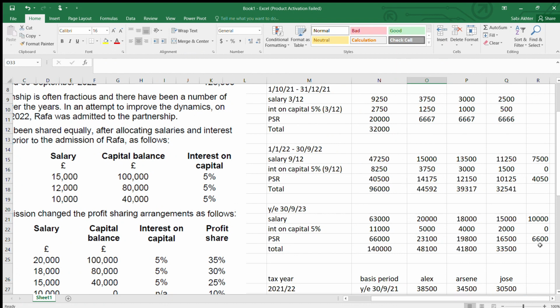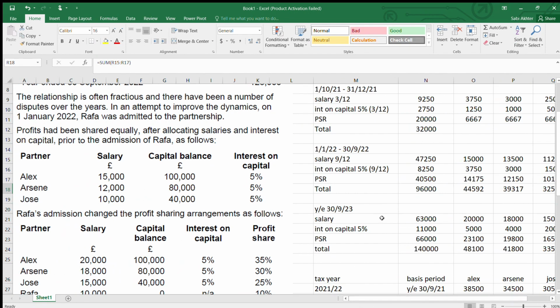What is his profit? Oh, there's been a mistake somewhere. Okay, it is this. 11,550. Because the remaining will fall in the next tax year.